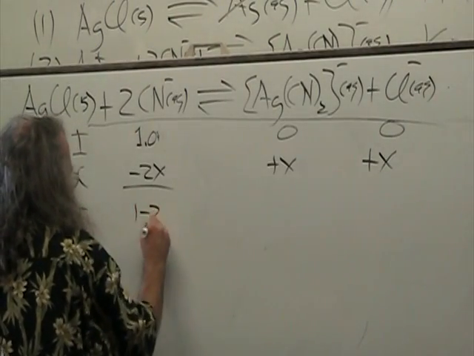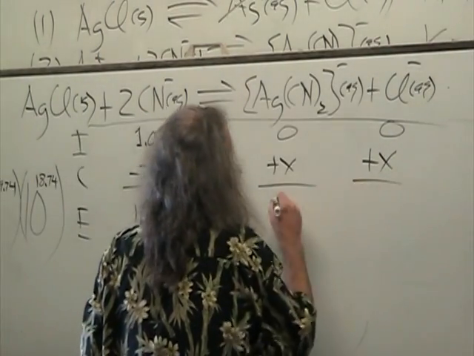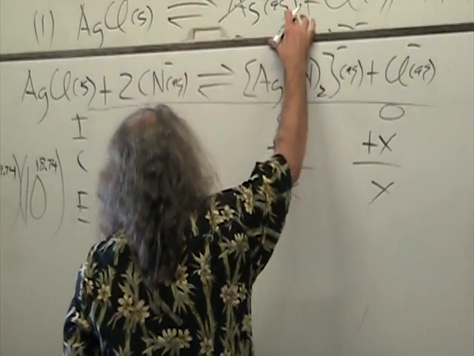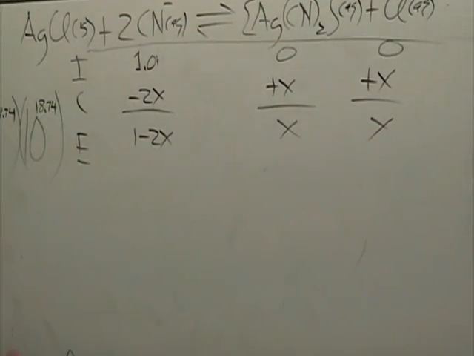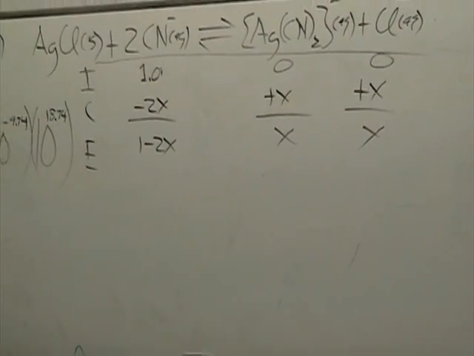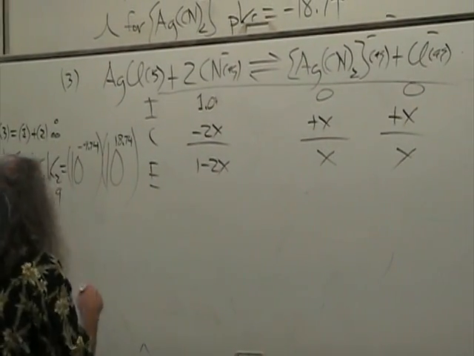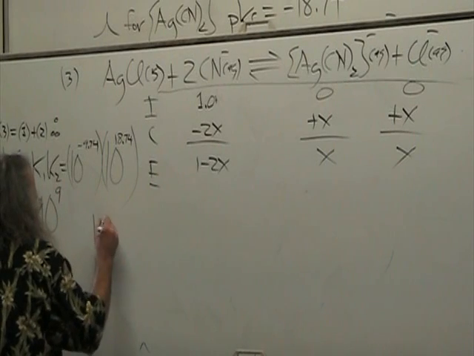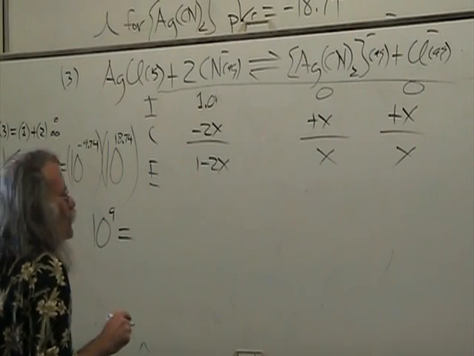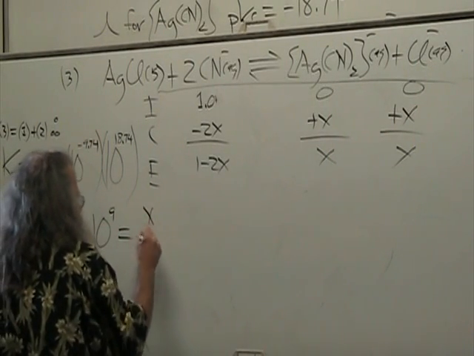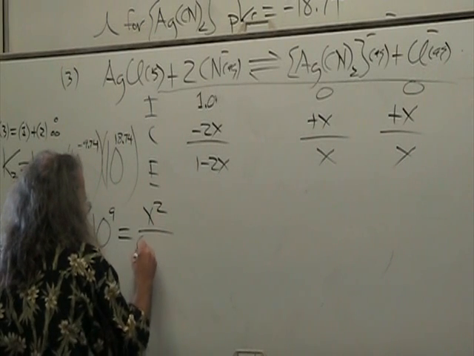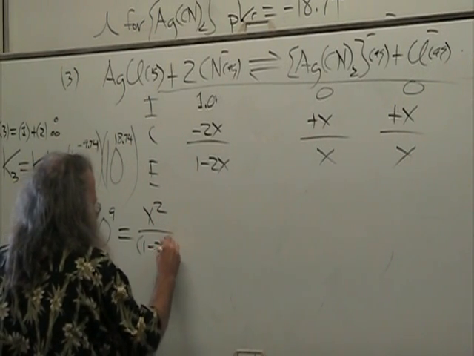So 1 minus 2x, x, and x. Oh, I just love this after having experienced what we just went through. So now, I know that 10 to the 9th is equal to x squared over 1 minus 2x squared.